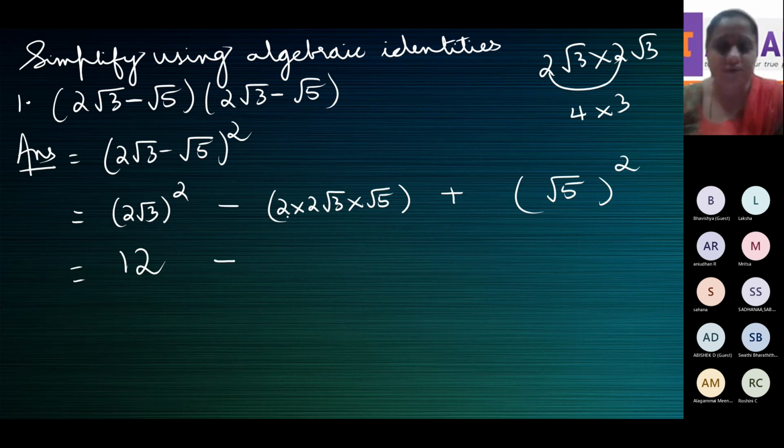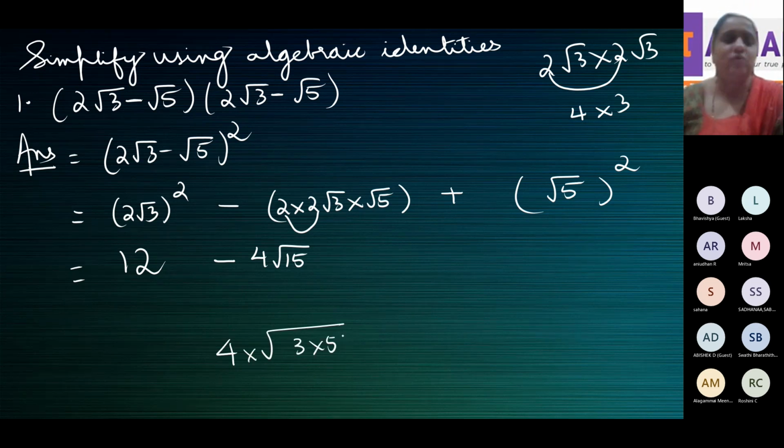Minus 2 into 2, 4. Root 3 into root 5 is root of 3 into 5. So 4 root 15. Because 2 2s are 4 into root of 3 into 5. So 4 root 15. Yes or no?